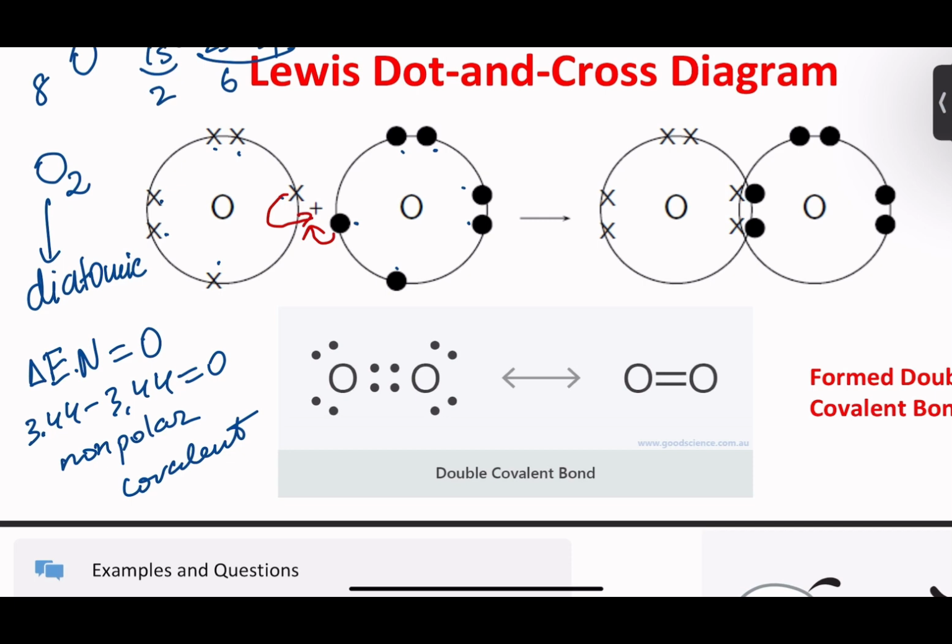But when you share the first one, it's not enough. Because when I share the first one, it looks like this. So I have 1, and then another cross. And how many electrons do I have here? 1, 2, 3, 4, 5, and then 1, 2, 3, 4, 5.